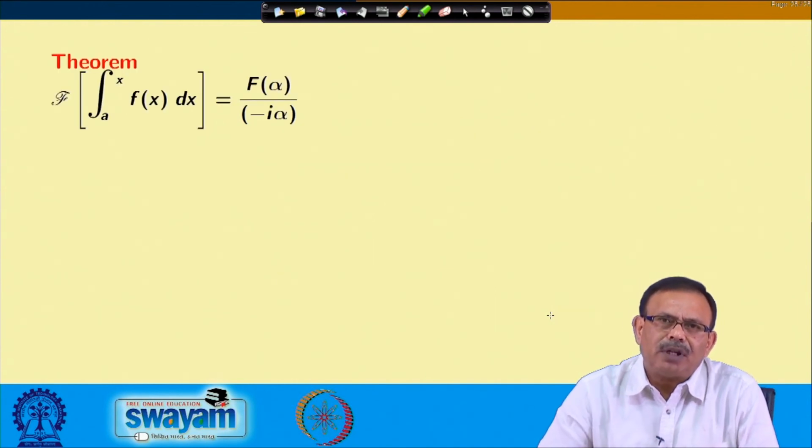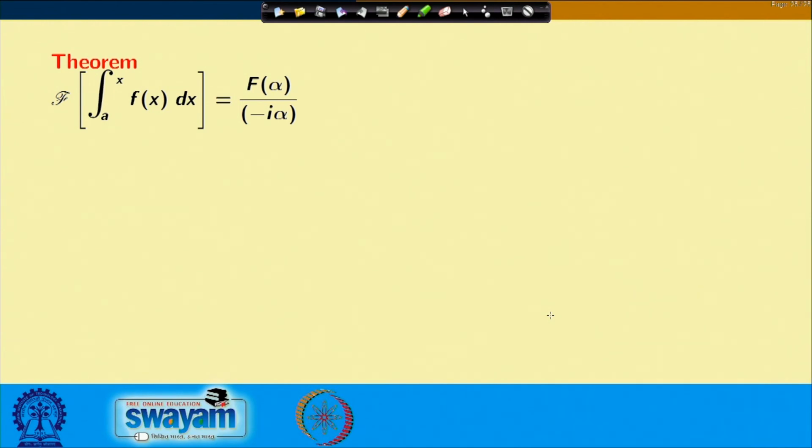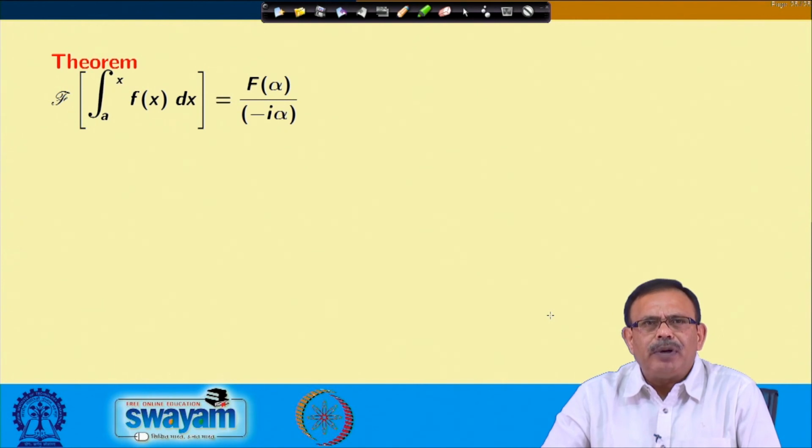The next theorem: the earlier theorem was on the differentiation of the Fourier transform of a function. If I know the Fourier transform of a function, then what should be the Fourier transform of the differentiation of the function, that we were studying.